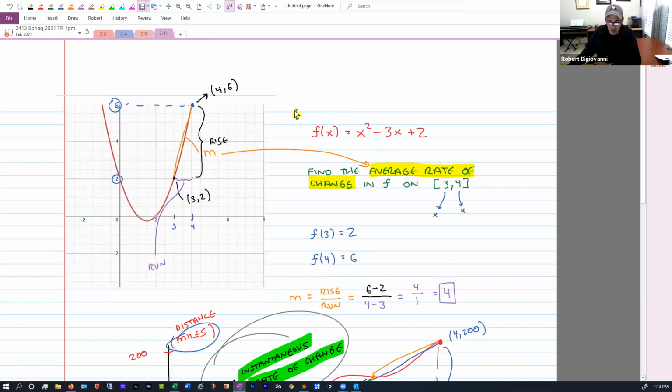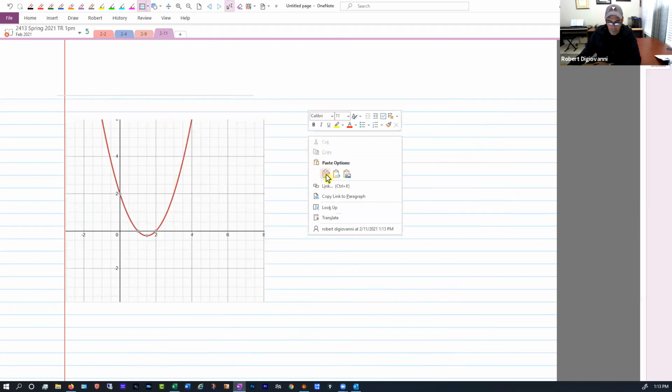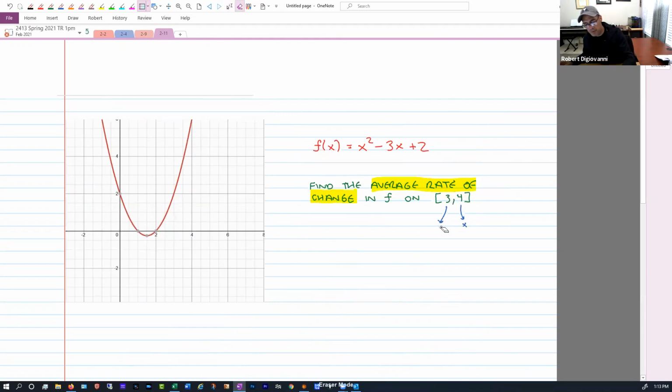And here's what I want us to do. I would like for us to find the average rate of change, not on the interval 3, 4, but on the interval 3, 3.1. So what have I done here? I'm going to go to 3, go up, and then I have a dot.